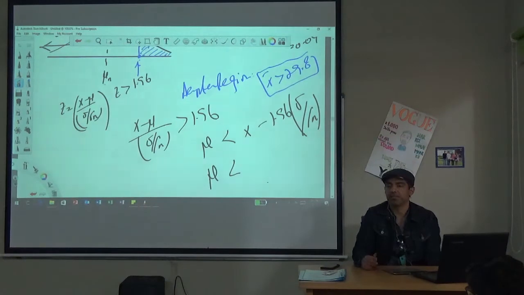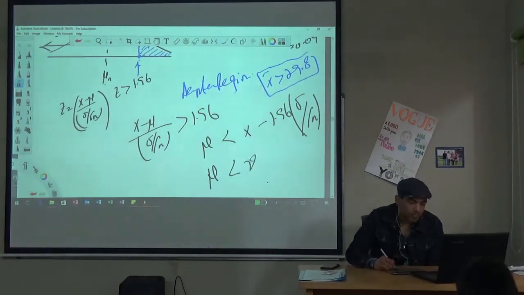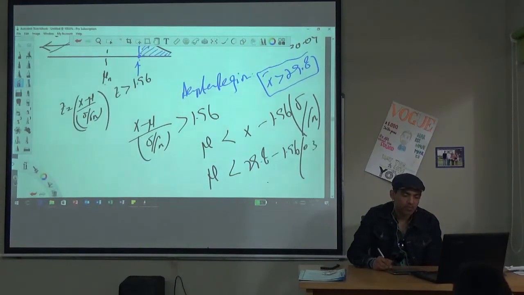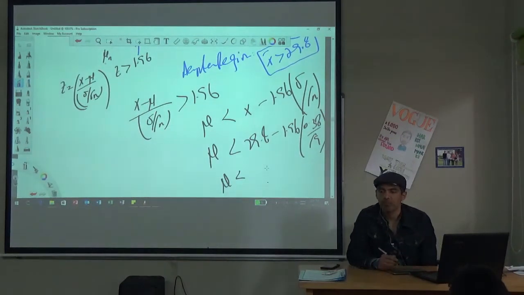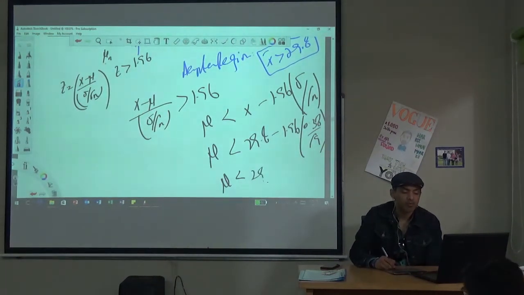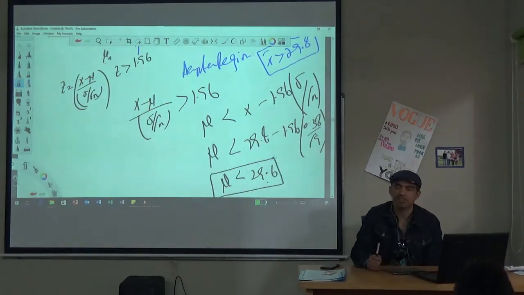So can you calculate this? X is how much? 29.8, 1.96, 0.38 over square root of 9. Check. What is that? 29.55. Okay, so 29.6. So your mu should be less than 29.6.